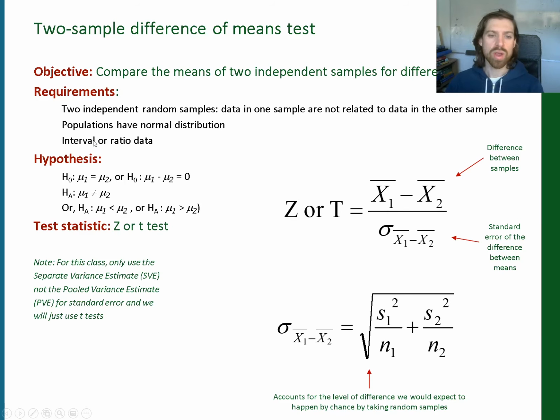And also, it needs to be interval and ratio data that you're using this particular test for. So make sure you do consider these. It's obviously going to be important when you do your coursework this term and the exam, but also as you move forward to using more sophisticated tests.